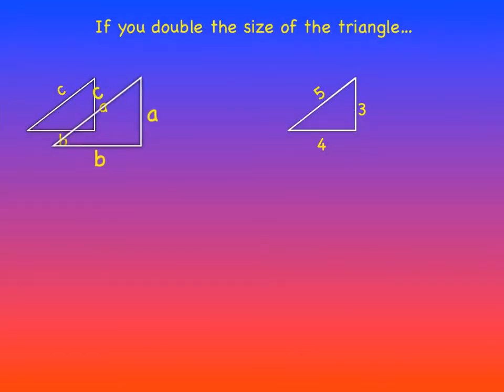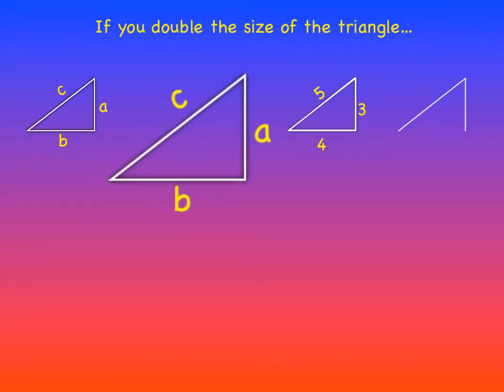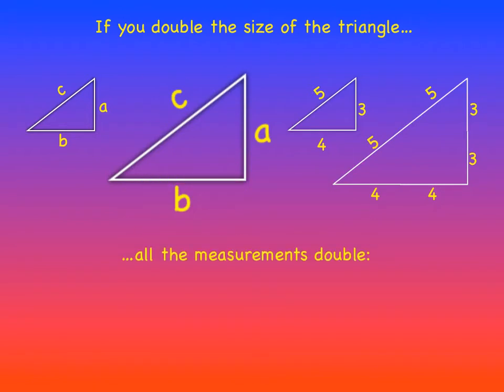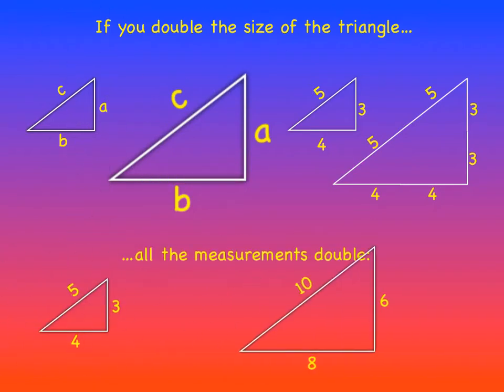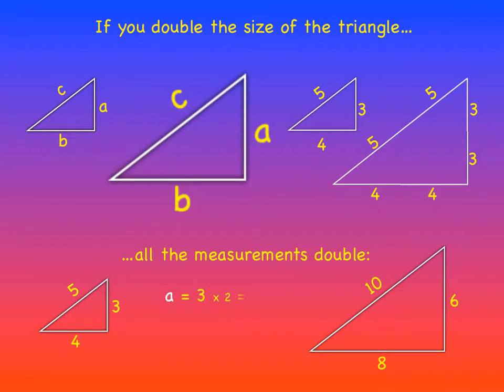If you double the size of the triangle, all the measurements double. Side A starts off as 3, and it doubles, becomes 6. Side B, smaller, is 4, but it doubles, it becomes 8. Side C goes from 5 up to 10.